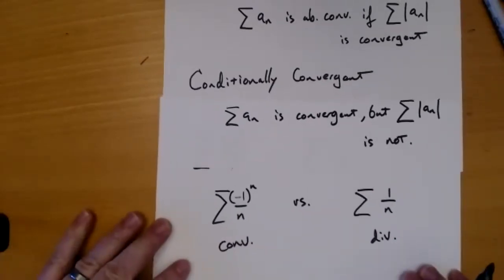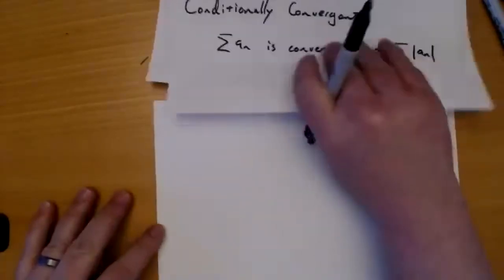Okay. So these are just some vocabulary. Now, I don't want to go into the limit comparison test yet. Ratio test, that's fun too. Where is my, nope.